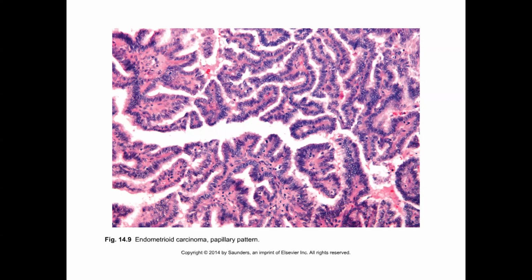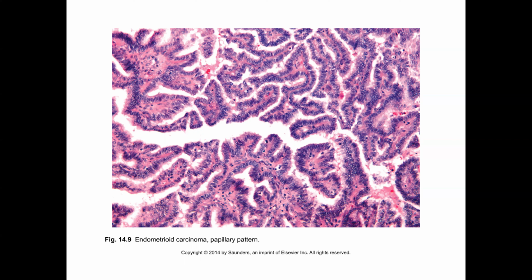Here's another pattern that looks even more micropapillary, again with a little tufting or fringing of the surface epithelium. This could very easily be mistaken for serous carcinoma. This is one situation, however, where subtyping would be useful.